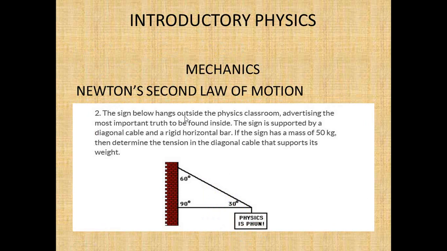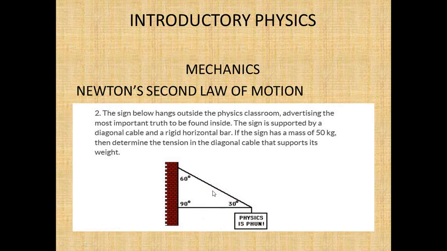The sign below hangs outside the physics classroom, advertising the most important truth to be found inside. The sign is supported by a cable and a rigid horizontal bar. So you have a rigid horizontal bar, and this is a cable. The sign has a mass of 50 kilograms. Then determine the tension in the diagonal cable that supports it.